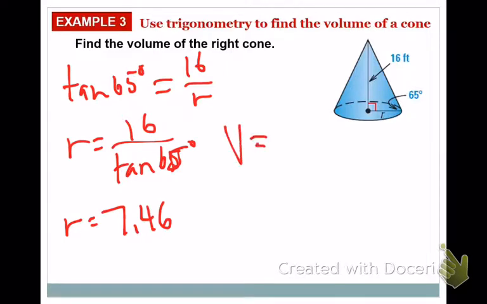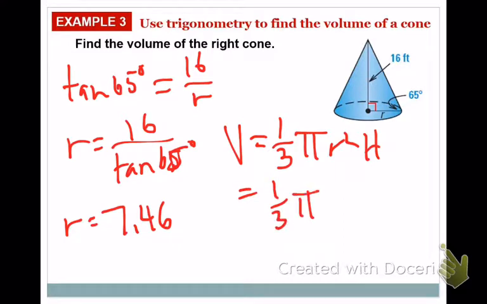All right? So then we do our volume formula. Volume equals 1/3 the area of the base, which is a circle, so it would be 1/3 pi r squared times h. We plug in. That equals 1/3 pi 7.46 squared times the height is 16. And then we solve.